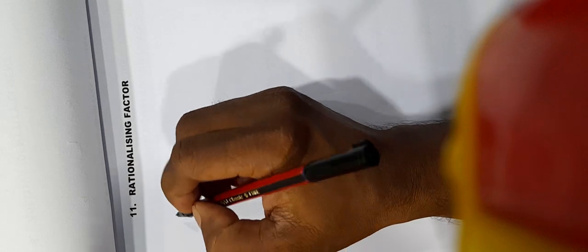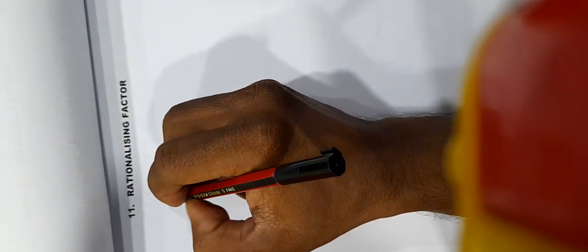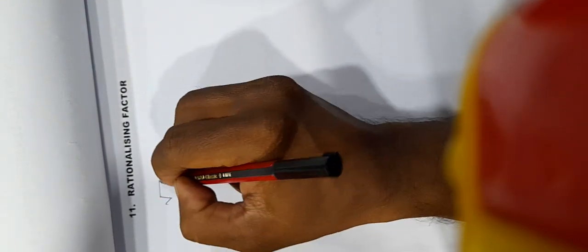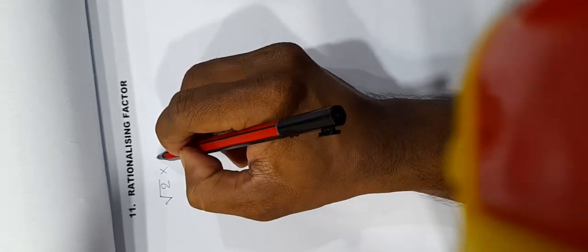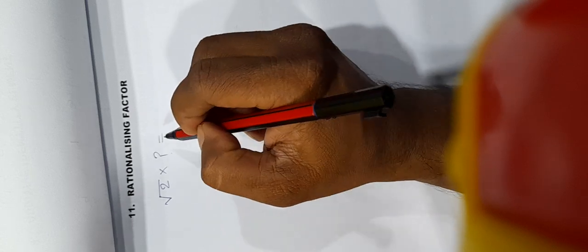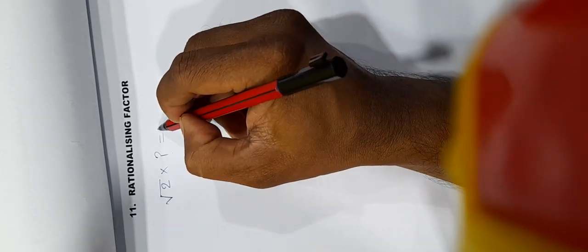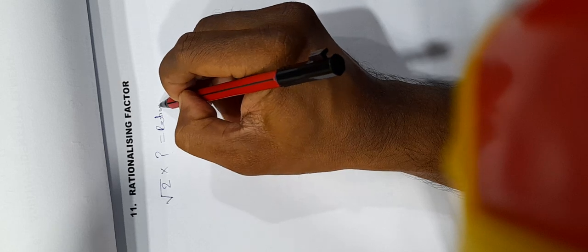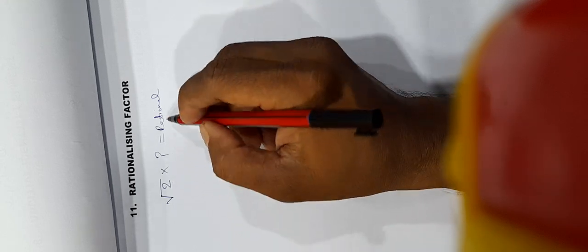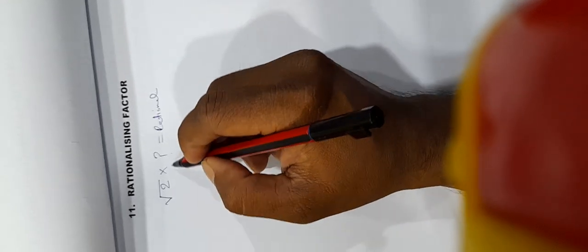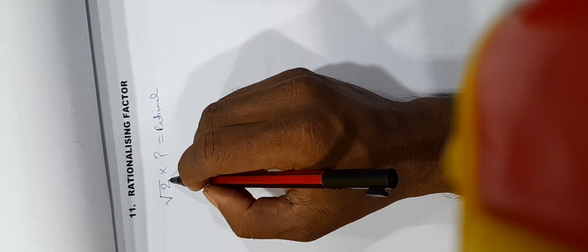Next we will discuss rationalizing factor. Say for example, this number is an irrational number. Now by what number should this be multiplied so that this becomes a rational number? You have to find a rational number. So how will you find a rational number? By multiplying square root of 2.